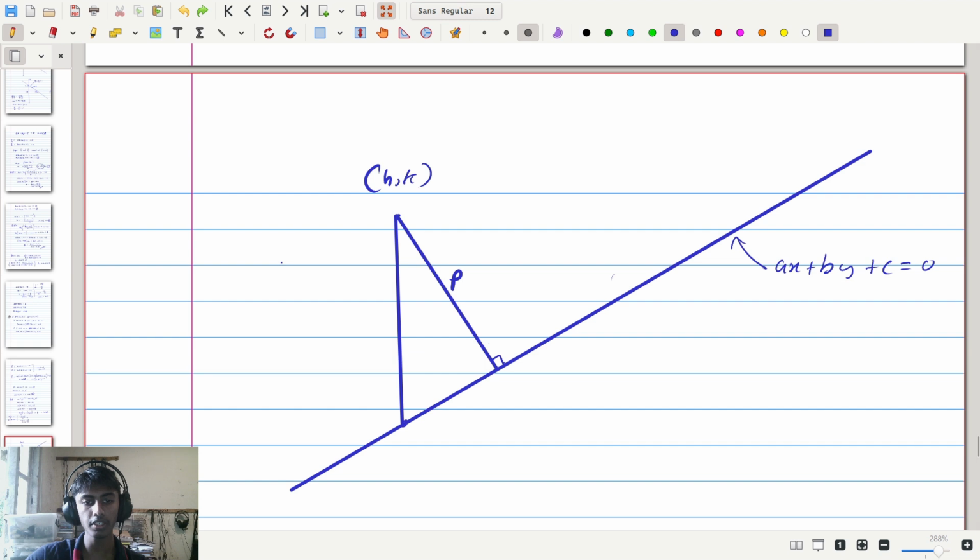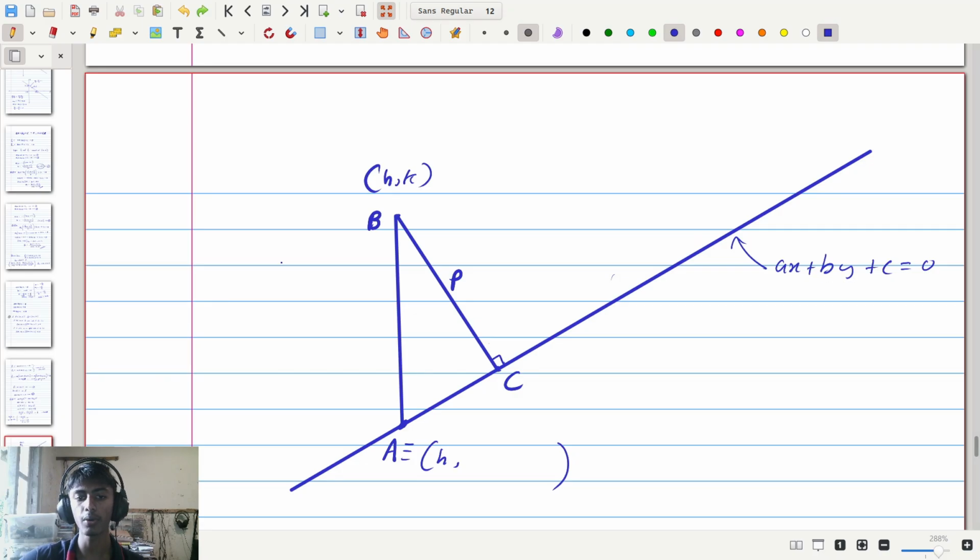Let's call this point capital A. Let's call the point we're interested in capital B, and this point here capital C. So then, since this line we dropped, AB, is a vertical, it means that the x-coordinate of A and the x-coordinate of B are the same. So therefore A is h, and then some y-coordinate. Considering this, it must satisfy this equation here.